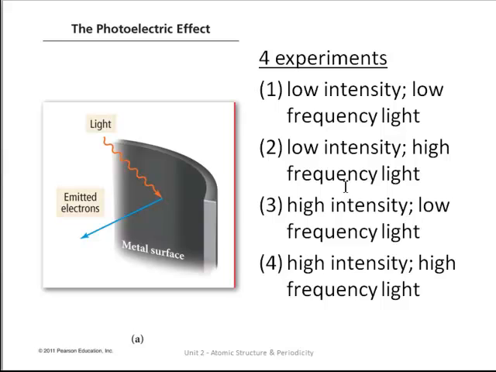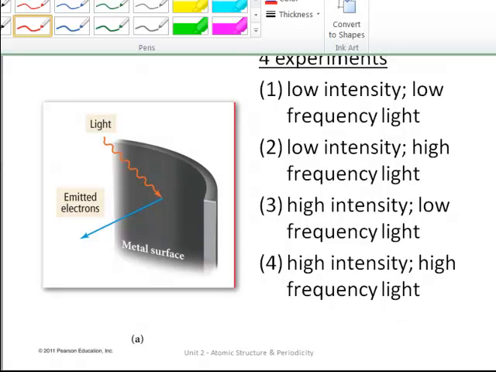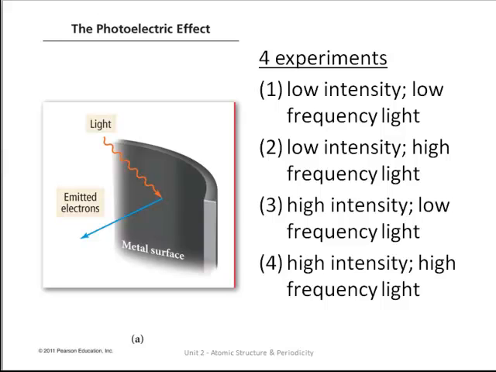Okay, so if you think about what we discussed so far in terms of light, some of the properties of light that we can discuss, of course, are amplitude and wavelength or frequency. Now, if we change the wavelength, we're affecting the frequency, so we only need to look at one of these variables. So we need to see the effect of amplitude or the effect of frequency on the emission of electrons from a photoelectric material.